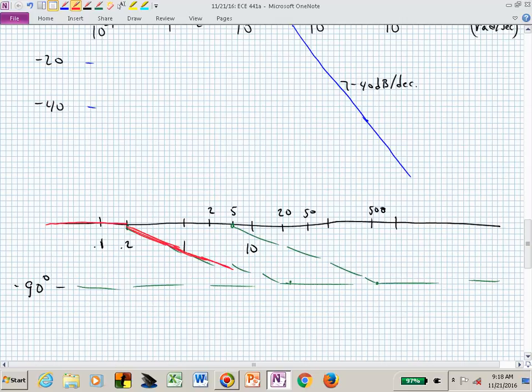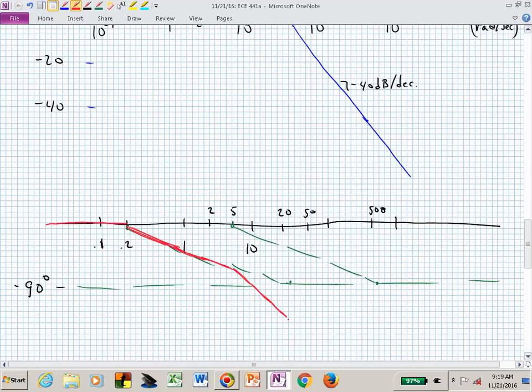So at that point, I'm going down at minus 90 degrees per decade until 20, which is where my, what am I doing? Let me see if I can, does that look a little different in slope?